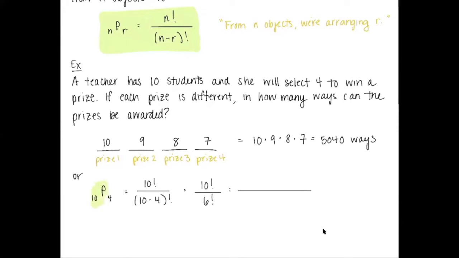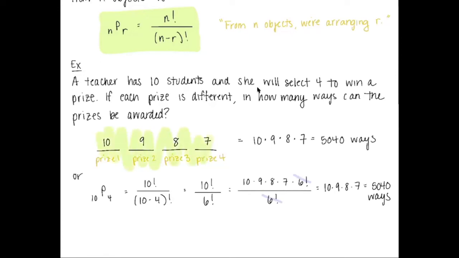You have a button for exactly this on any handheld calculator, but you can simplify this by hand. You pick off the 10, pick off the 9, pick off the 8, pick off the 7, and then you're left with 6 factorial. Those cancel, and you get 10 times 9 times 8 times 7, which is 5,040 ways. So you still end up with exactly the same thing regardless of the method you pick.